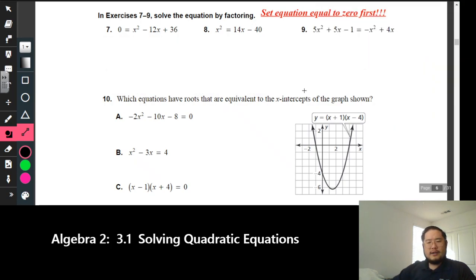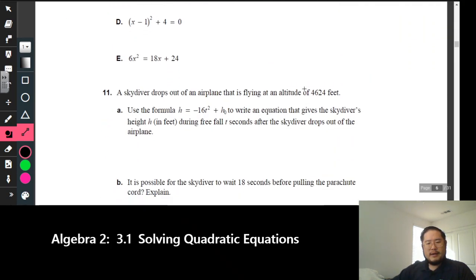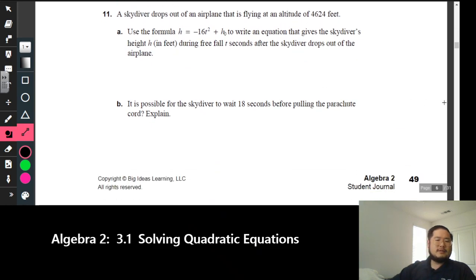All right, let's take a look at the last type of problem right here and our good old word problems. Okay, once again, word problems or story problems you may see on the test or quiz. So it's important to make sure that you have an idea of what's going on here. Okay, a skydiver right here falls out of an airplane that's flying at an altitude of 4,624 feet.